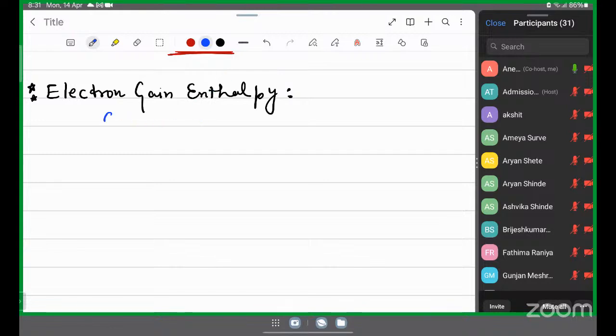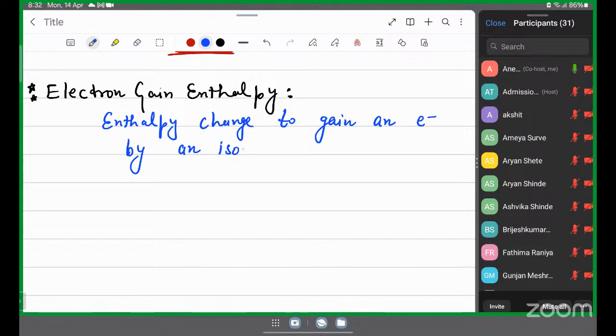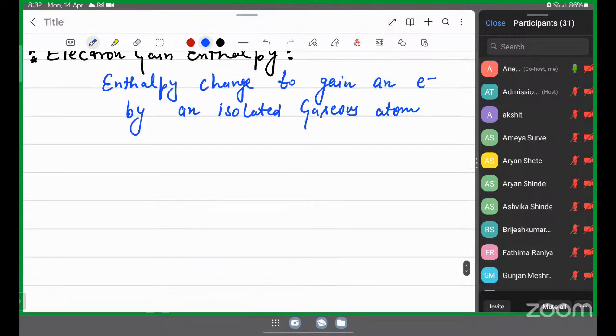So this is known as enthalpy change to gain an electron by an isolated gaseous atom. So we will write it as we have atom of element E in gaseous phase. One electron is added to it. It will become E negative in gaseous phase, and there will be certain changes in the energy.